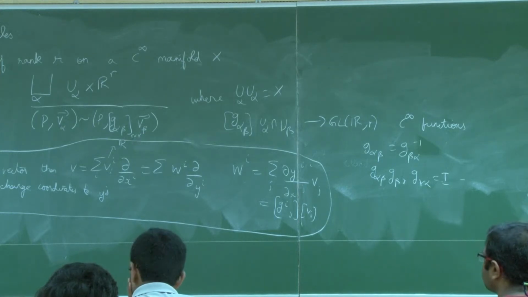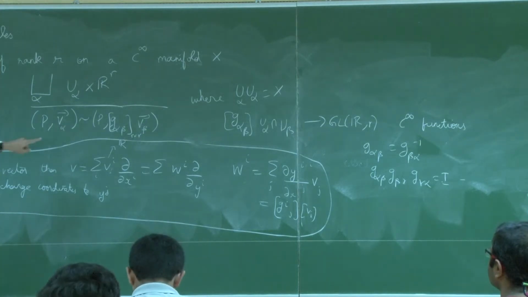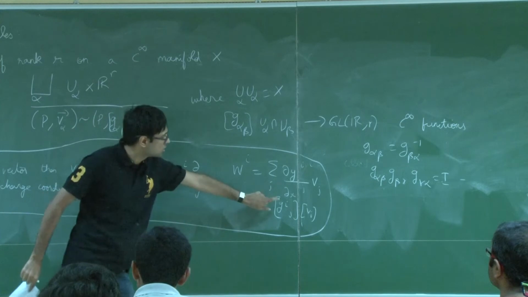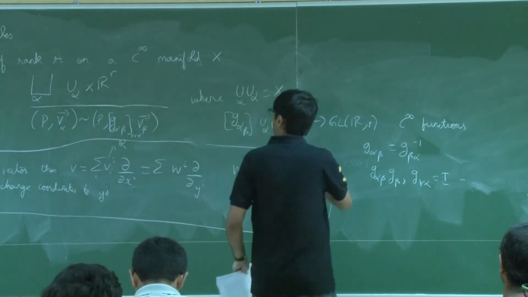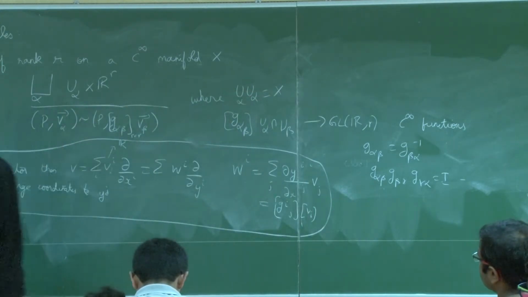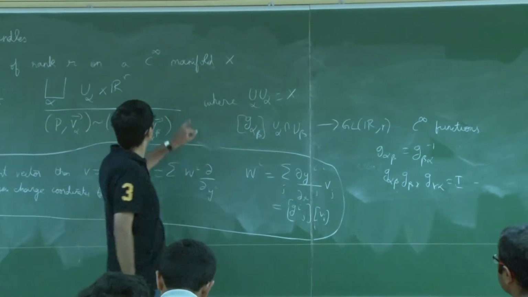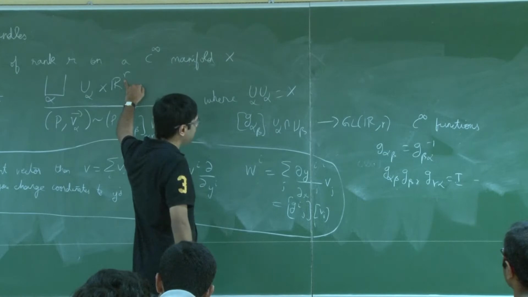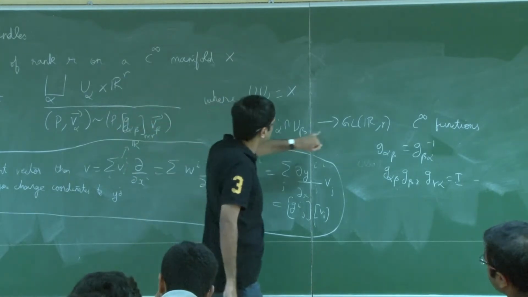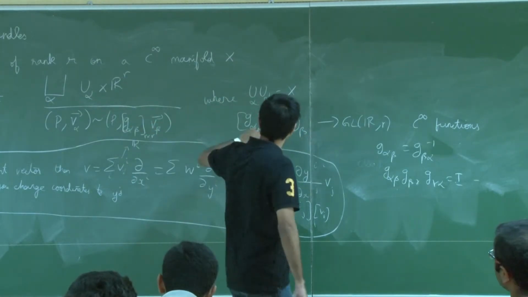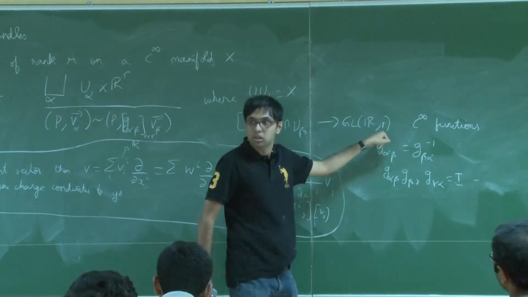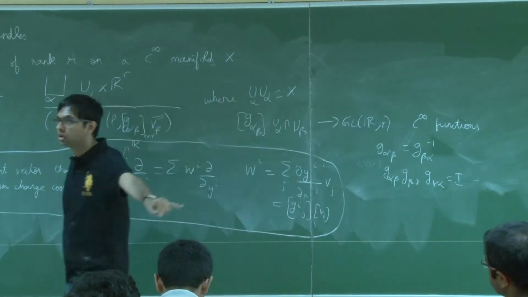So the tangent bundle is an example of a vector bundle where the transition functions are given by these, right? The holomorphic tangent bundle is an example of a holomorphic vector bundle. What does that mean? This is going to be a complex vector space, this is also going to be complex, and these will be holomorphic functions, holomorphic matrix valued functions.